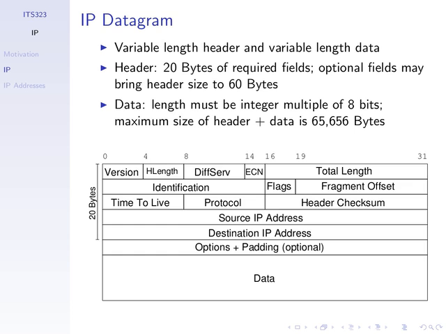The next two are the addresses. These are the addresses of the source device and the destination device. And the format is that there are 32-bit addresses, IP addresses of the source and destination. We'll spend some time going through the precise structure of IP addresses in the end of this topic. Note that the source address is the original source of the datagram, and the destination is the final destination.